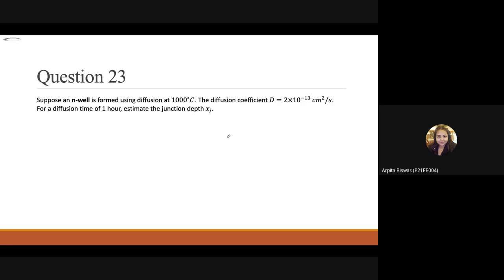Next question. Suppose the N-well is formed using diffusion at 1000 degrees centigrade. The diffusion coefficient is given, and the diffusion time is 1 hour. So estimate the junction depth. What is the equation? How to calculate the junction depth Xj? Tell me the formula.